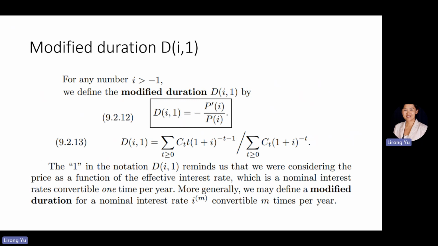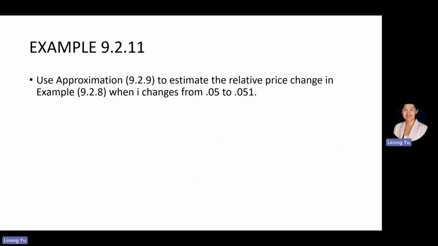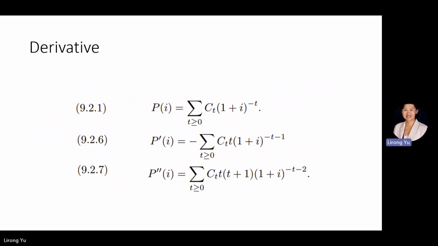All right. There's a reason that we are studying the relative price change, because of the way we define modified duration. You can think of the modified duration as the negative of the derivative of the price function divided by the price function itself at point i. Now we have a formula for P prime(i) and we have a formula for P(i), as we already mentioned on this page.